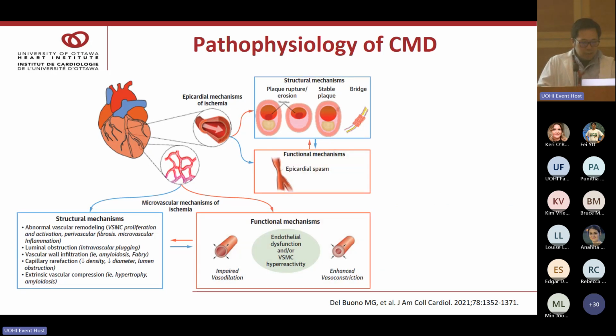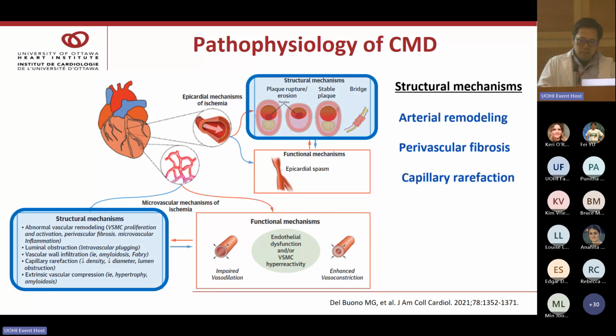Structural abnormalities include arterial remodeling, with intimal and medial wall thickening, and perivascular fibrosis and capillary rarefaction, often in the setting of increased LV mass. These structural changes are well documented in conditions like hypertrophic cardiomyopathy and hypertensive heart disease.